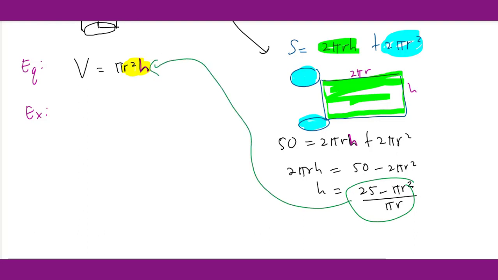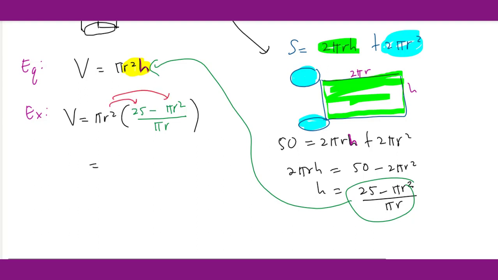Now V is equal to pi r squared times h, where h is (25 minus pi r squared) over pi r. Before you proceed, make sure to simplify to the simplest form, and expand.